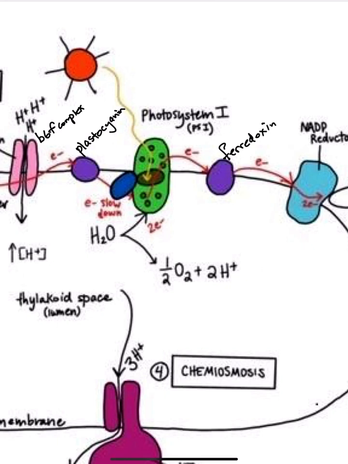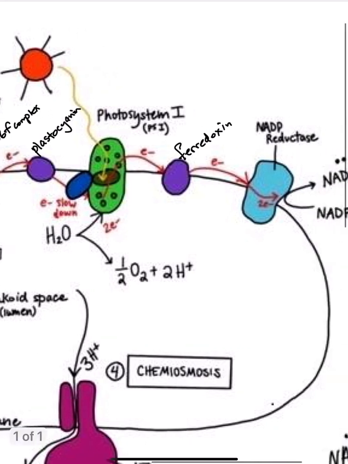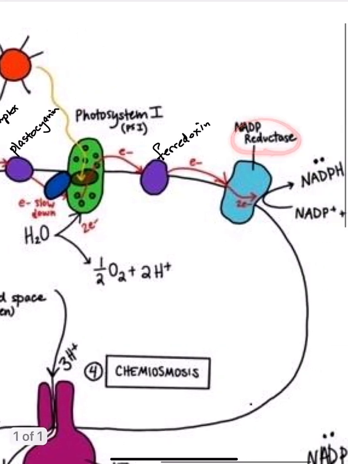A complex here in the membrane that can accept the electrons, and so these electrons will be ferried or transported next to NADP reductase. So when these electrons reach NADP reductase, they will be transferred to NADPH.